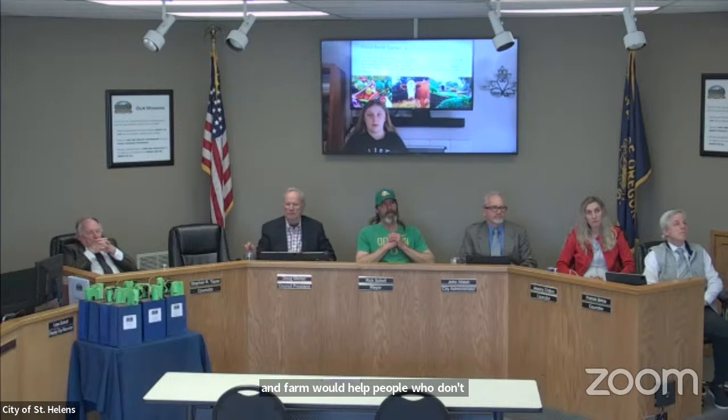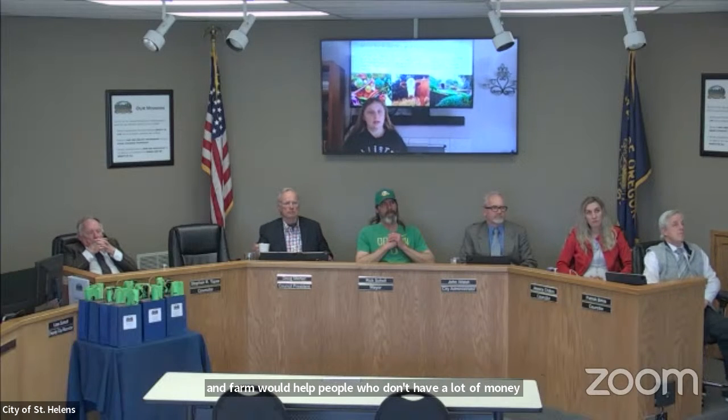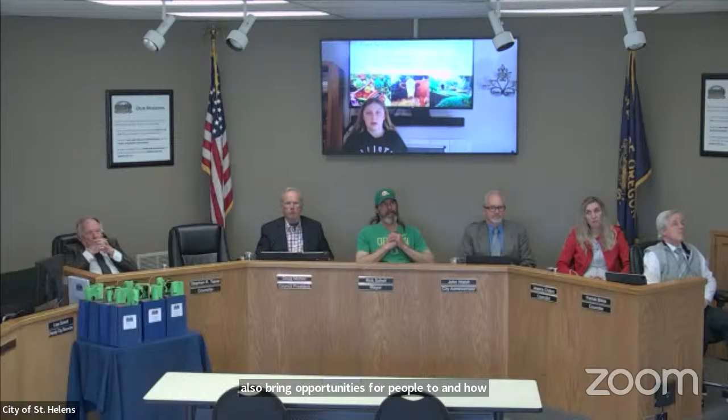Food bank, garden, and farm would help people who don't have a lot of money for food so they can go and get food. And it would also bring opportunities for people to learn how to grow fruits and vegetables in our climate and how to raise animals and what types of foods are good.